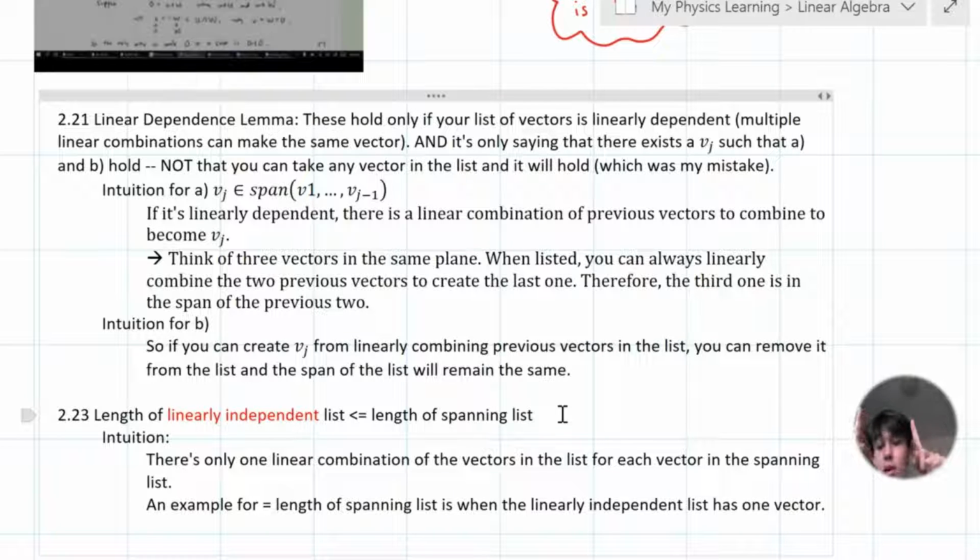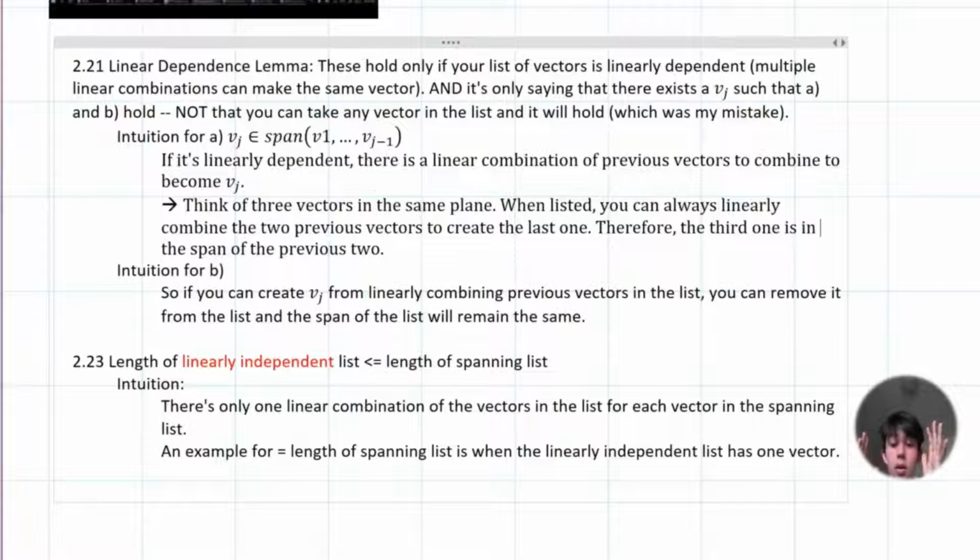First, it's linearly independent, which means there's one unique way to combine the vectors in that list to make a new vector in the spanning list, right?